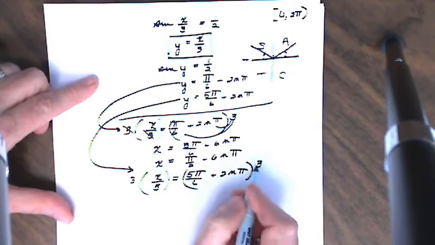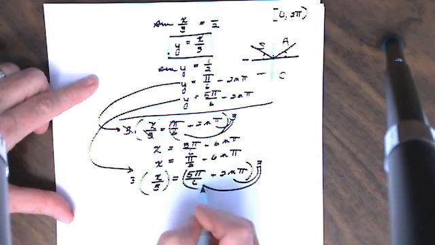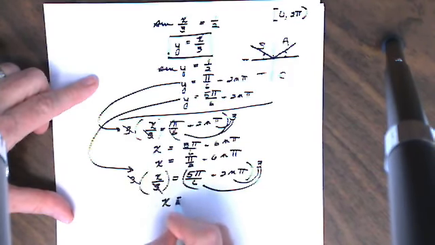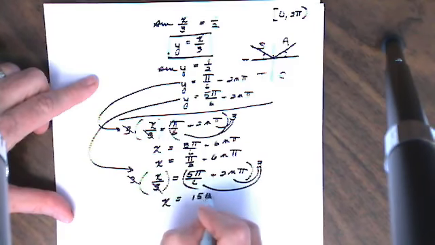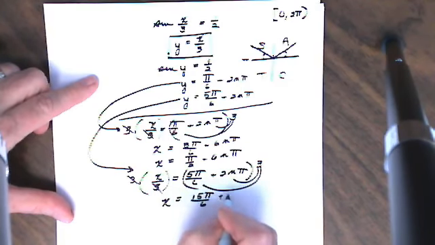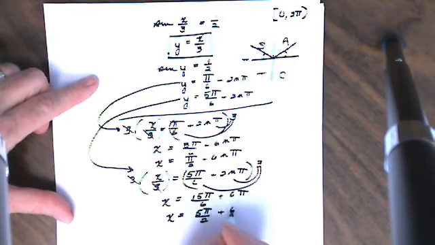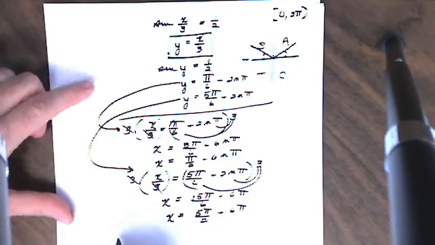And again, I'm going to distribute that multiplication to both terms on the right side. On the left, I get x. On the right, I get 15 pi over 6 plus 6n pi. If I reduce 15 pi over 6, I get 5 pi over 2 plus 6n pi.